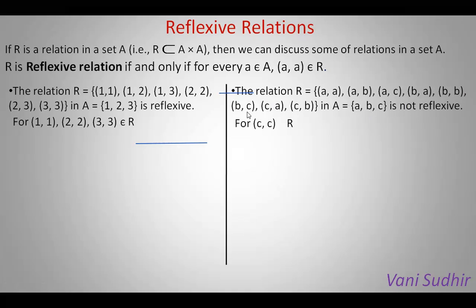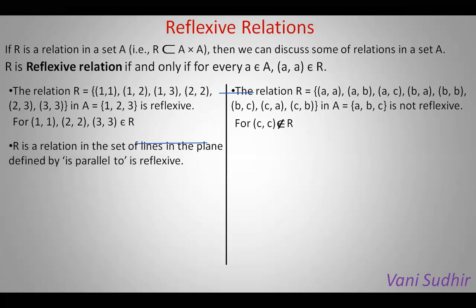Check all the ordered pairs. (c, c) is not there in the relation. This symbol is called does not belong to. When you take element c in A, c is not related to c. The ordered pair (c, c) is not there in the relation. Therefore, this R is not reflexive.